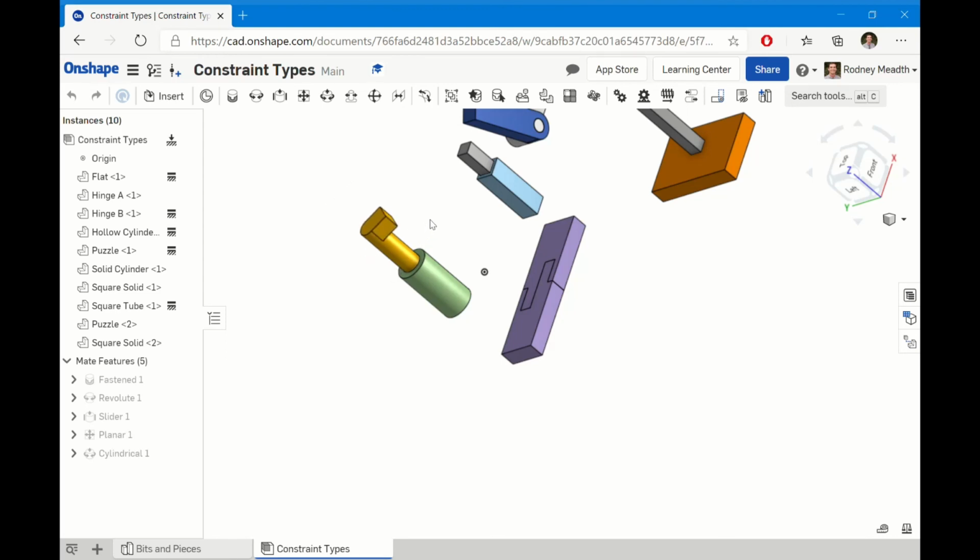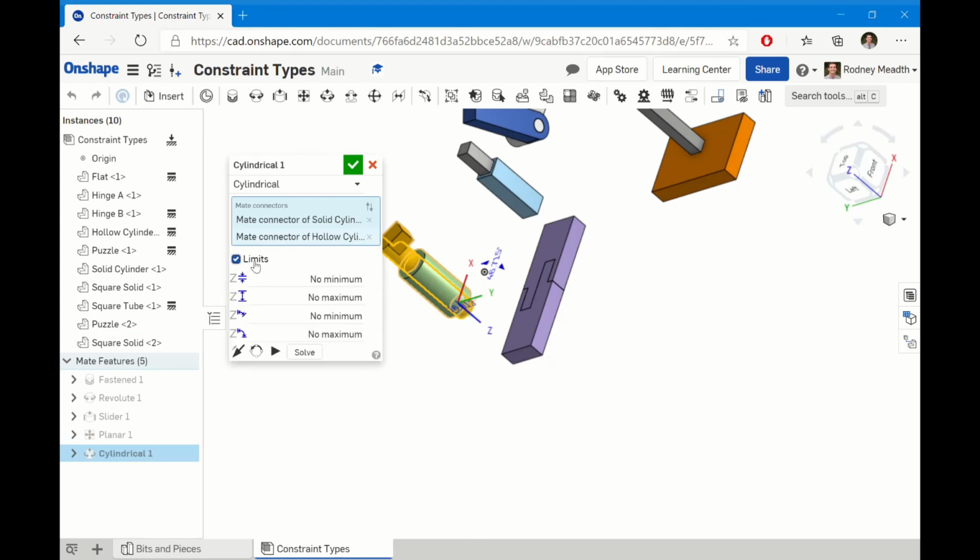Okay, we can grab that and we can twist it around. Again, I definitely would put limits on this because look, it feels like it should kind of hit that as it goes. So I would go in and I'd say, yeah, we definitely want some limits. Here I can actually limit. I need two pairs of limits because there are 2 degrees of freedom happening. These are the angles and this is the linear dimension.